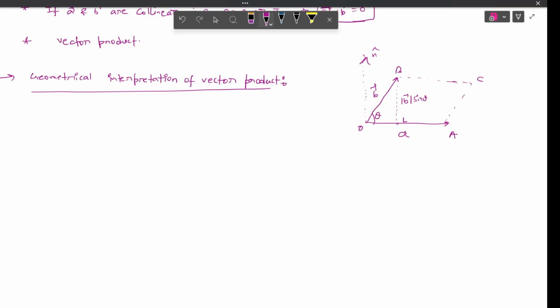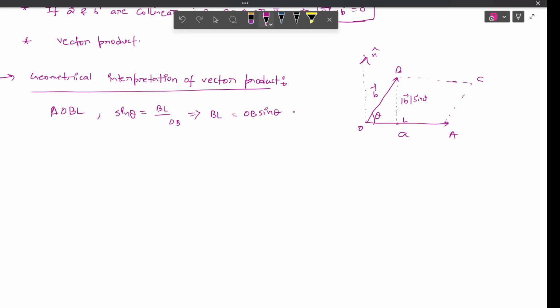From this parallelogram OACB, we draw a perpendicular BL on the side OA. So from this triangle OBL, we can say sin theta is opposite by hypotenuse, that is BL by OB.